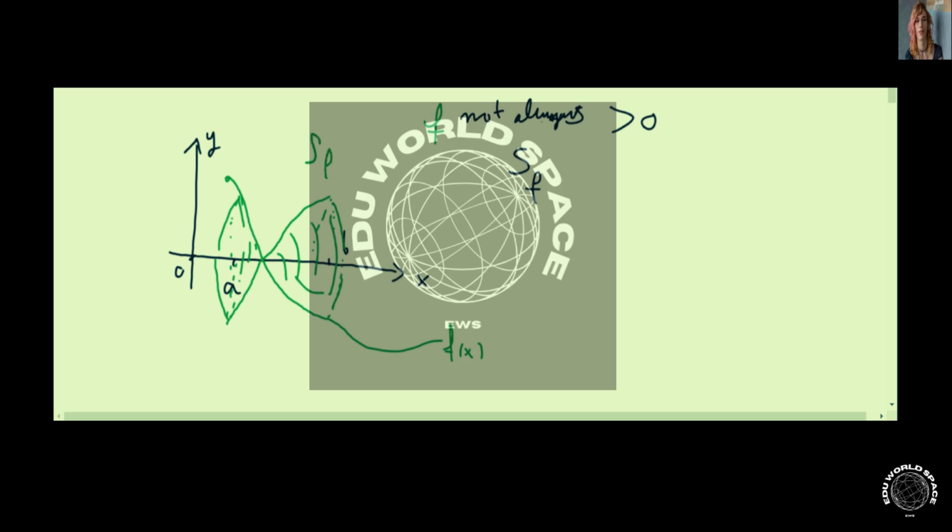So how can we compute S of f? This is the surface of revolution about x.